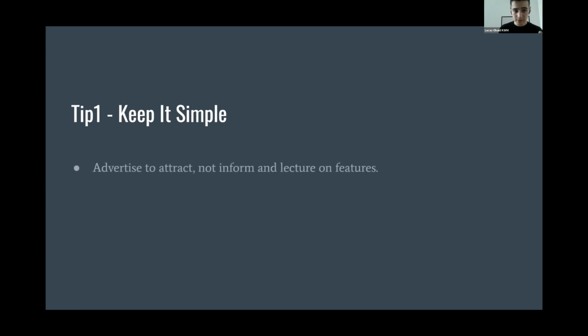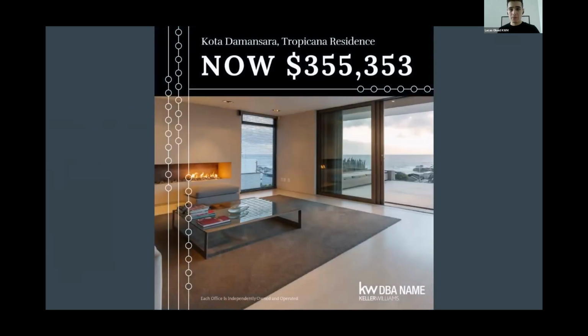So first step, remember, you're attracting people's attention. You're not informing them or lecturing them on the features of whatever listing you have. I'm going to show you an example and explain a little bit. This is one of our design templates in Command itself.